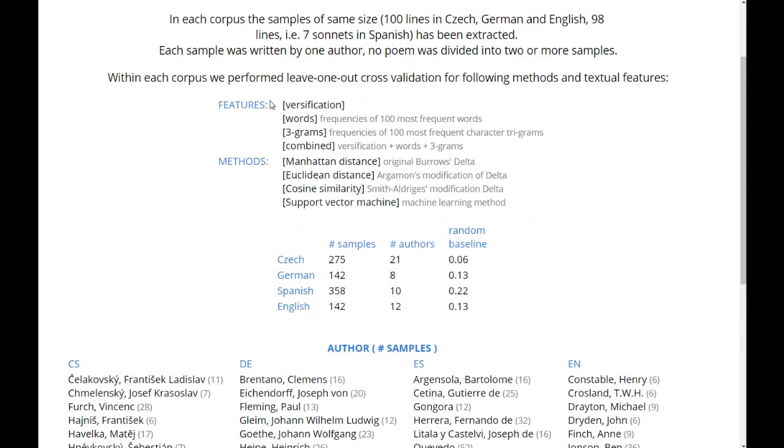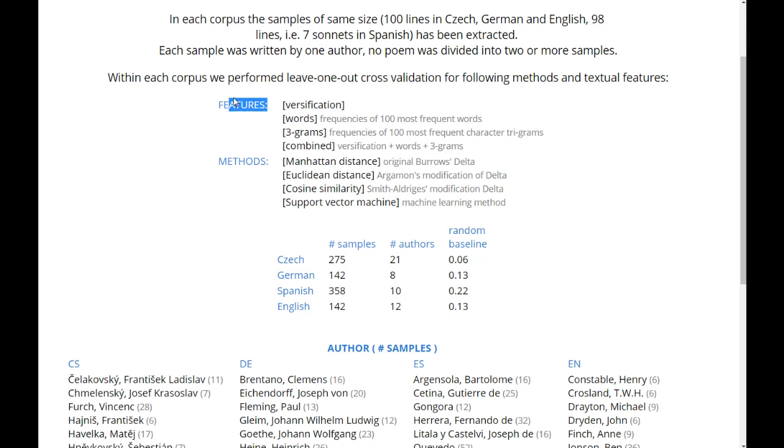Finally, for this experiment, we've used the following features. We used versification, as was described before, words, or more precisely frequencies of 100 most frequent words, frequencies of 100 most frequent character trigrams, and finally a combined vector consisting of all these data, mixed versification, words and trigrams.